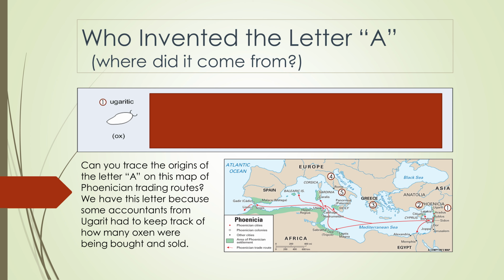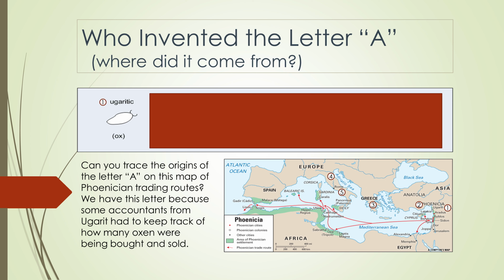And if you look at the map, number 1 on the map, you see that it originated in a city called Ugarit. I'm not sure how to pronounce it, but I'm doing the best I can here. And it's at the eastern end of the Mediterranean. And so where did that come from? Well, the accountants of the day used to record oxen or cows that were bought and sold, cattle, with a little drawing of a head.